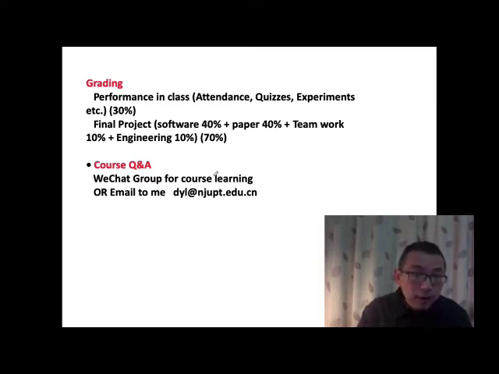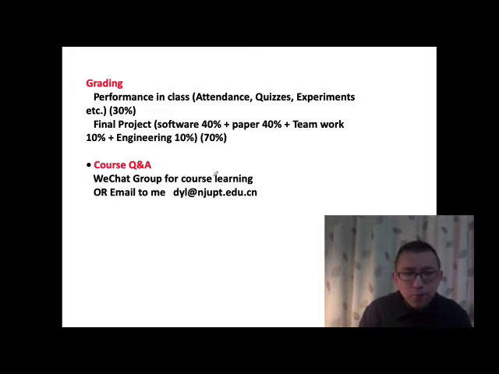Hand this software and this paperwork to me and I will give you the final project grade. The software accounts for 40% of the grade, the paperwork 40%, teamwork 10%, and engineering 10%. That's about grading.